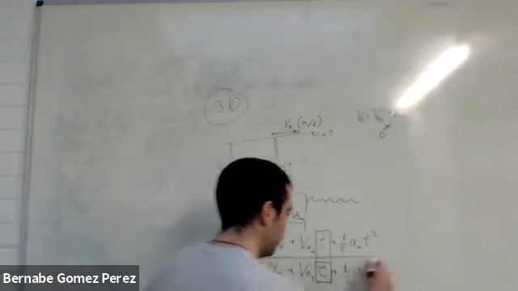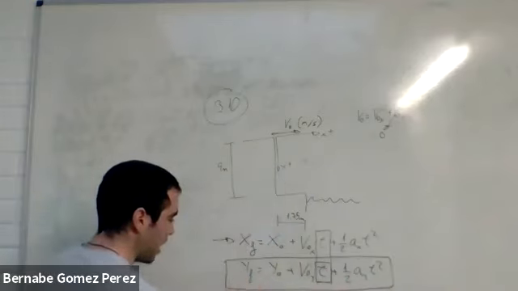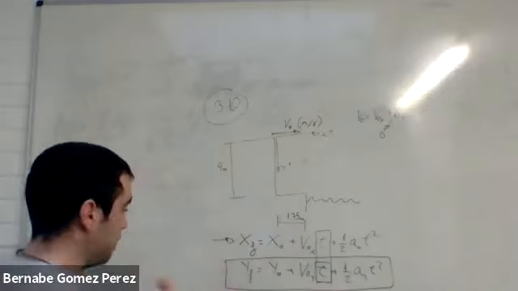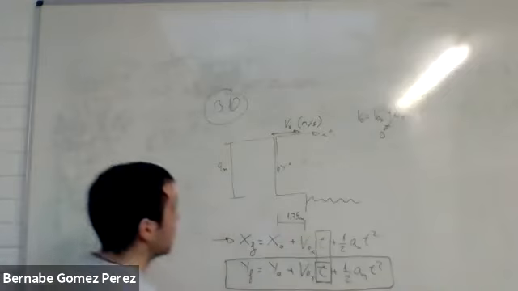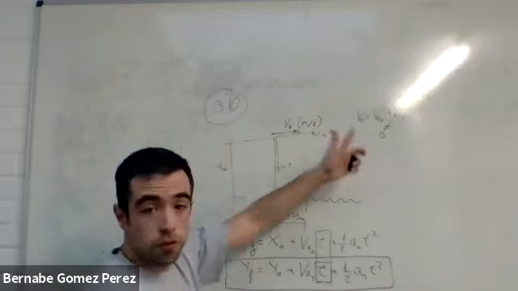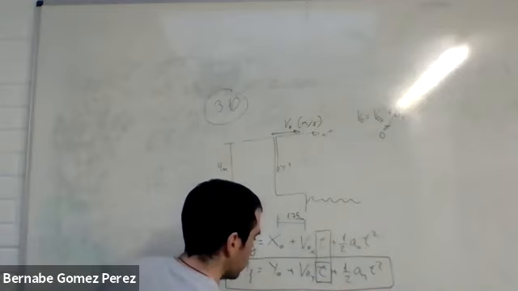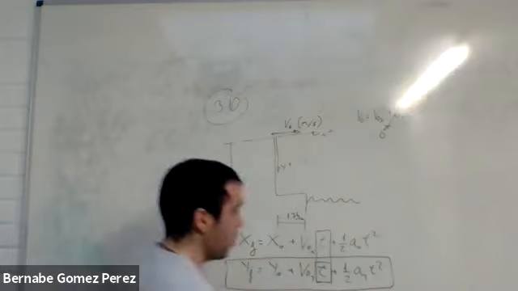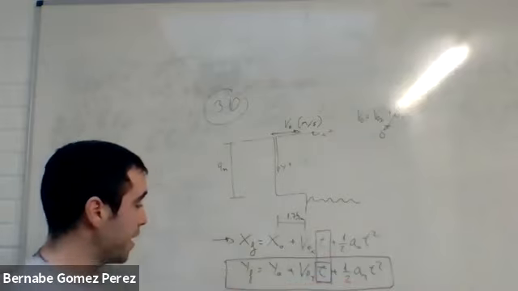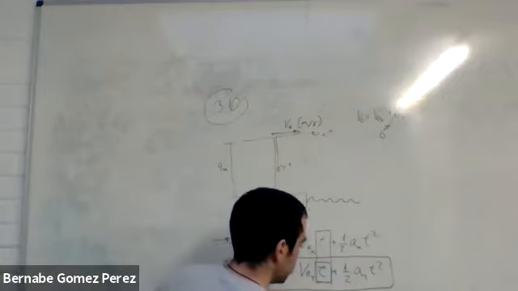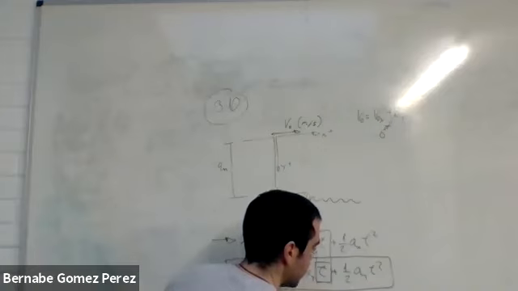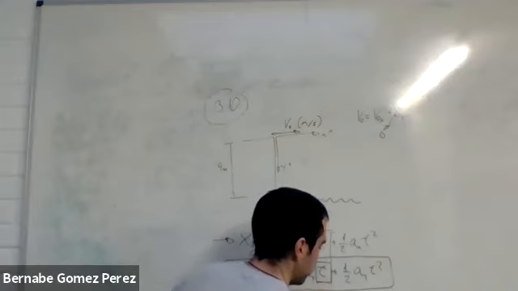From this equation, we know that yf is 9 meters, which is equal to 0 meters plus the initial speed in the y direction, which we know is 0, multiplying t, plus 1/2 times the acceleration in the y direction, which is equal to gravity, g, 9.81 meters per second squared. So we need time squared.